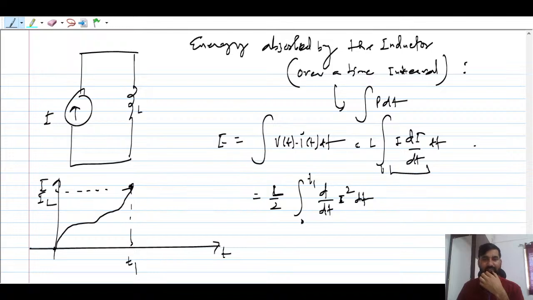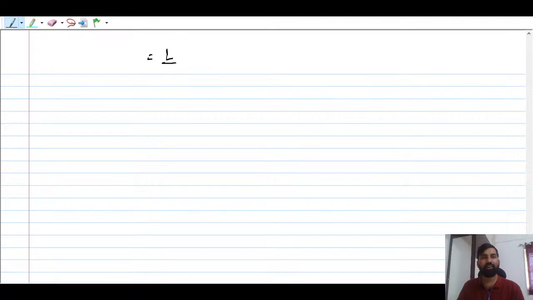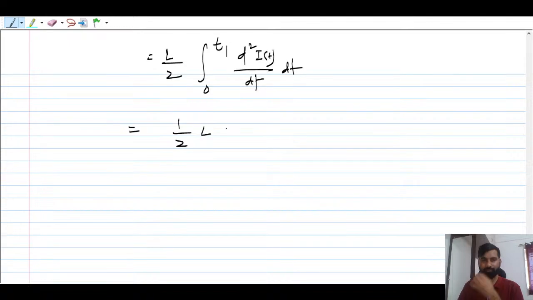So let me write here: L by 2, integral from 0 to t1 of d(i squared) by dt dt. You can write this as 1 by 2 L times i squared, and at t equal to 0 the current is 0, and at t equal to t1 the current is IL.